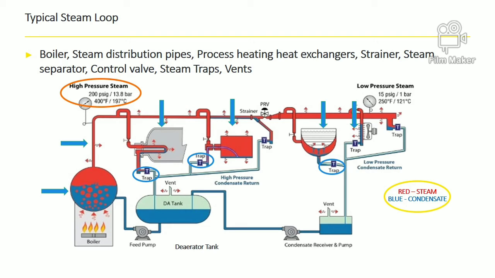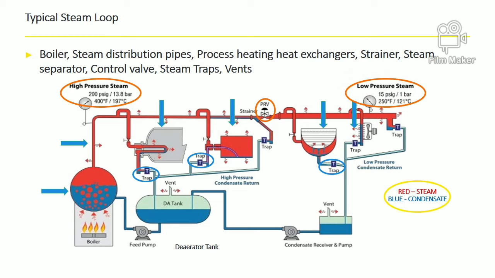Observe in the figure on the leftmost side there is a boiler. The red color lines are carrying the steam to different process heating applications. First is a non-contact type, second is a direct contact type of application. Then there is a pressure reducing valve. On the right side there are few applications where low pressure steam is used.